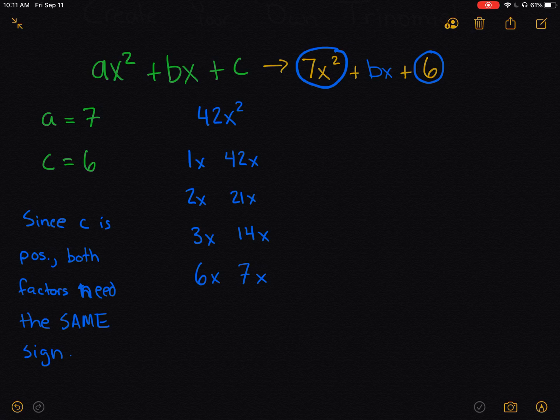Now, if c was negative, the factors have to have different signs. So in this case, either both of my factors are positive or both of my factors are going to be negative. It doesn't matter which ones you choose.